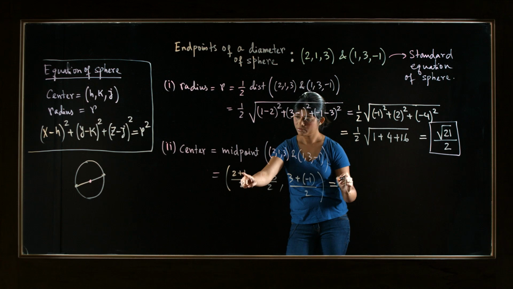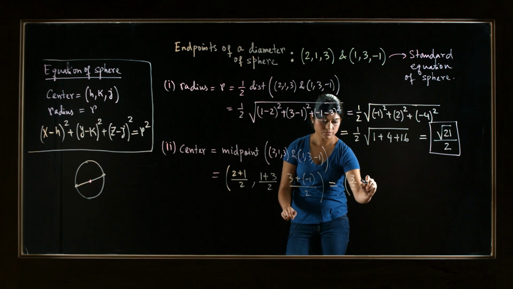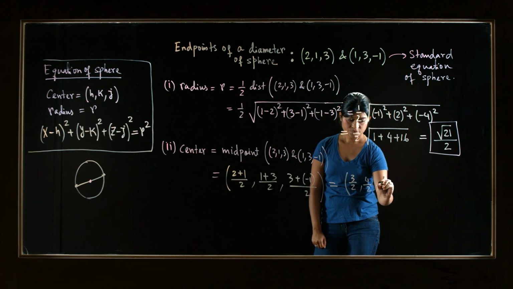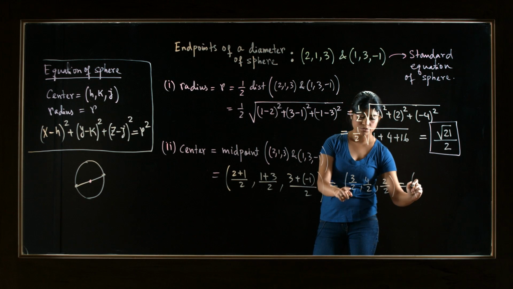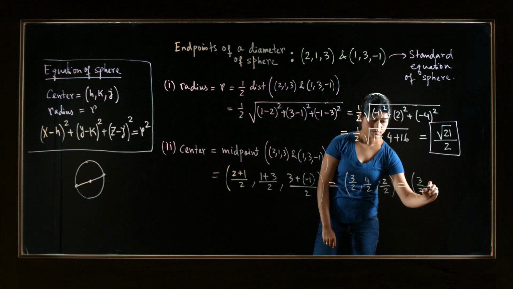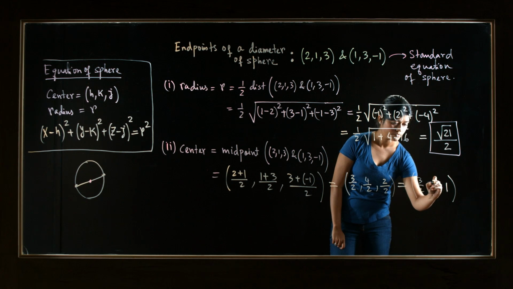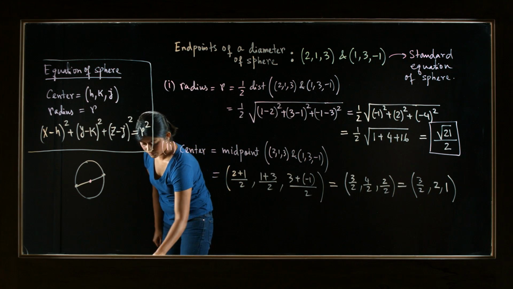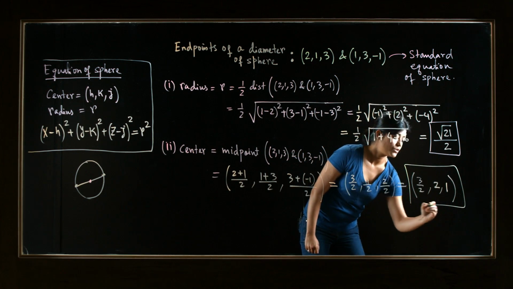We get 3/2, 4/2, 2/2, and that is equal to (3/2, 2, 1). So this is the center of this sphere.